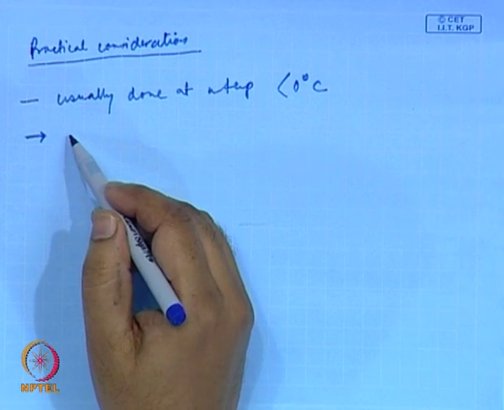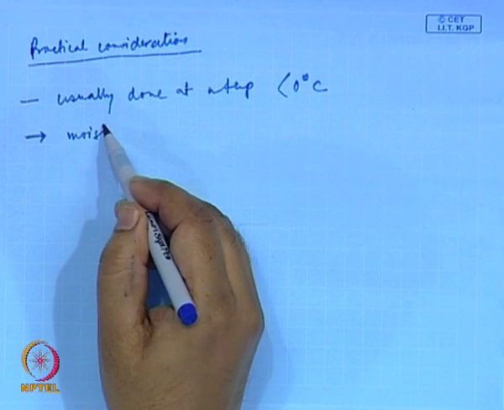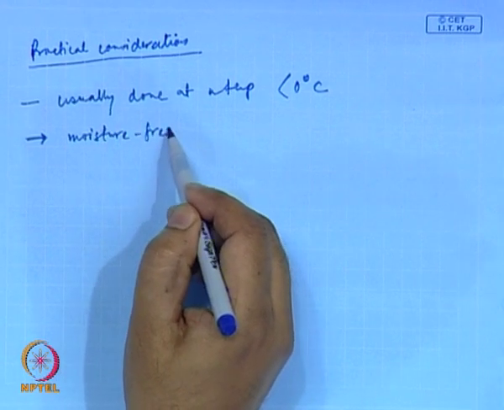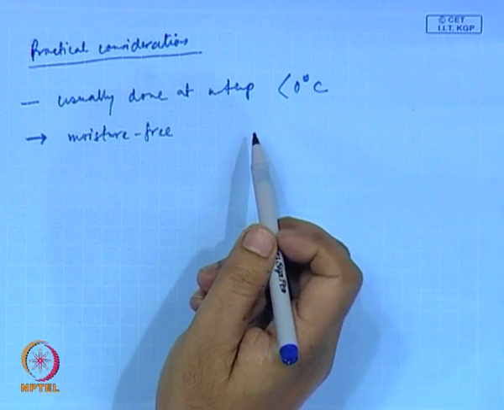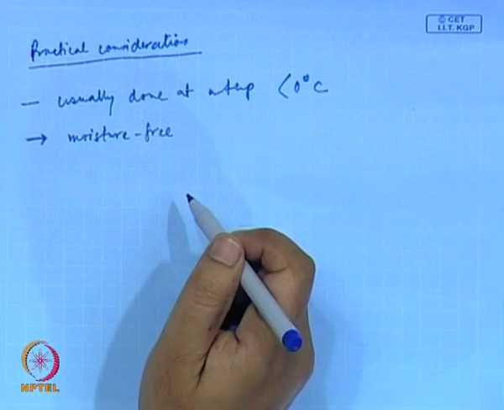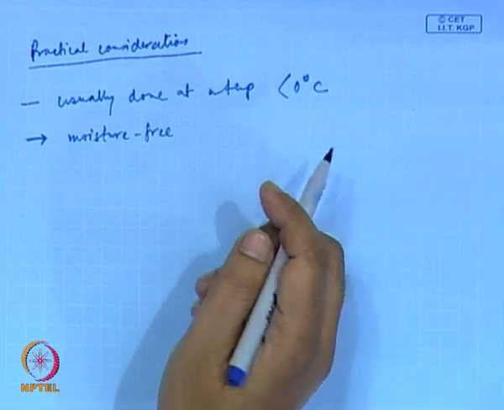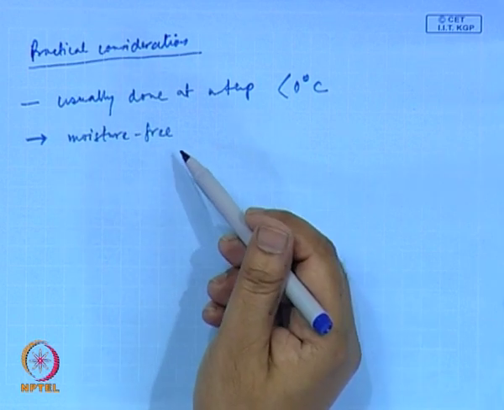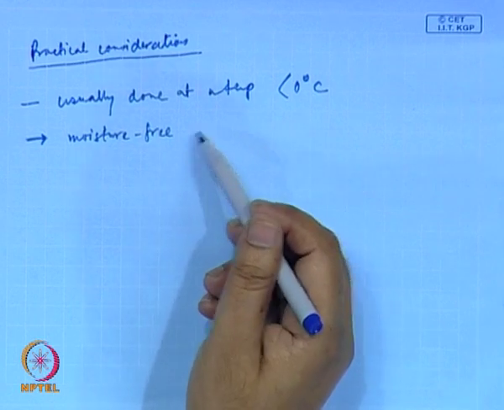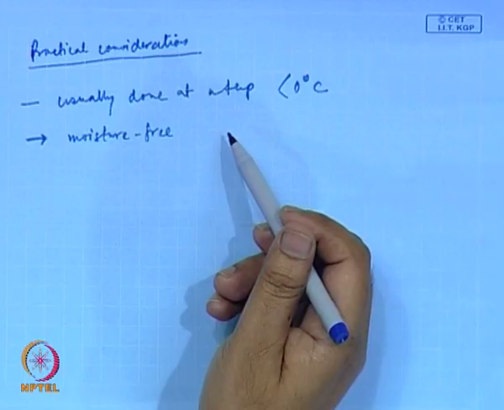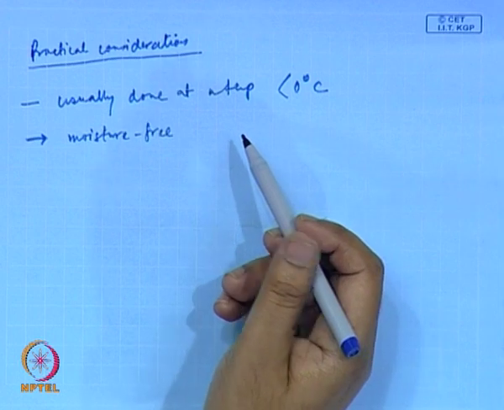Now, you have to maintain a moisture free environment, and if you are actually using H2O as a co-catalyst, then you should add H2O in the stoichiometric amount with respect to the catalyst, because if moisture or H2O is present in excess of what you desire as a co-catalyst, then the cationic propagating species will react immediately with the water molecule and terminate the propagating chain.